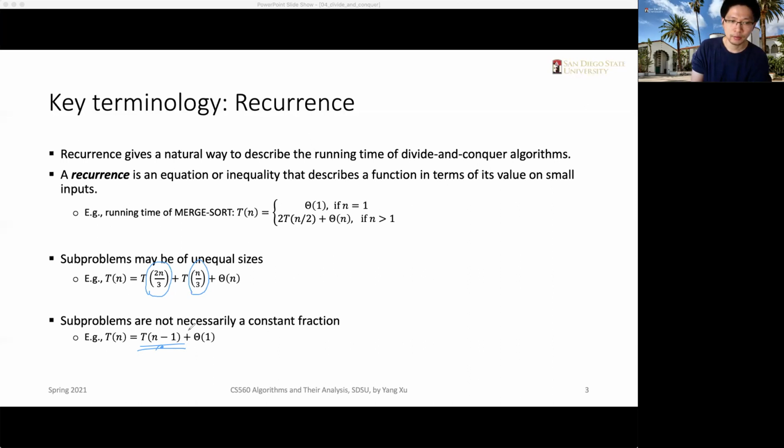Which also means that the form of recurrences can be really diverse. We can have all kinds of various types of recurrence equations. It's not necessarily in the same form as merge sort. All right.